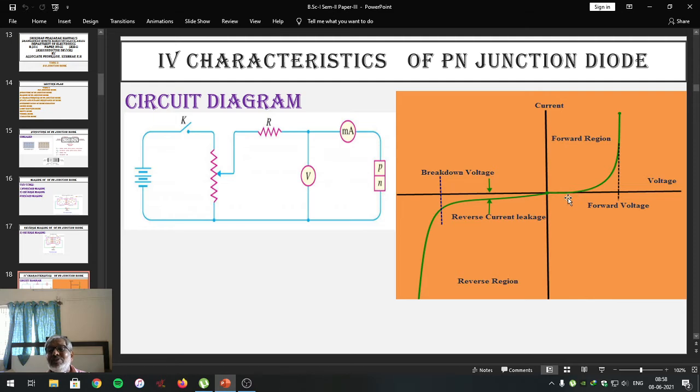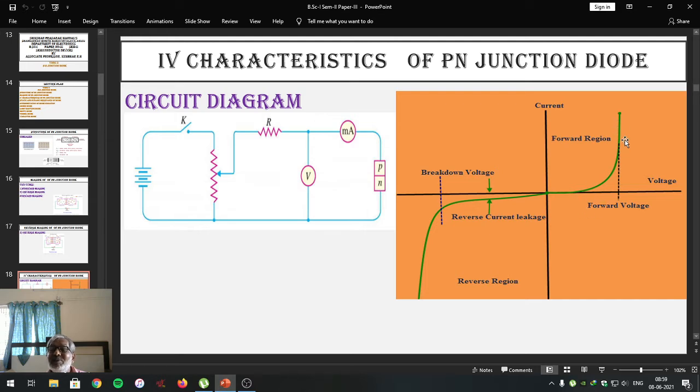This is because that particular PN junction diode has a barrier potential of the order of 0.2 volt or 0.6 volt. Up to that voltage, the diode doesn't conduct current. But as soon as the voltage becomes equal to 0.2 volt or 0.6 volt, as represented here, current suddenly starts increasing.